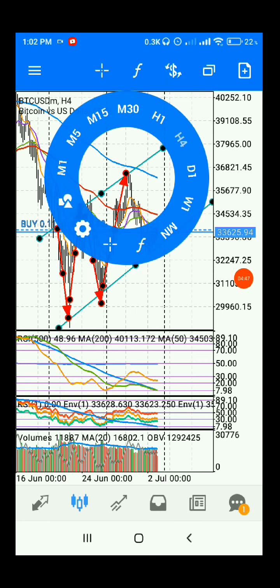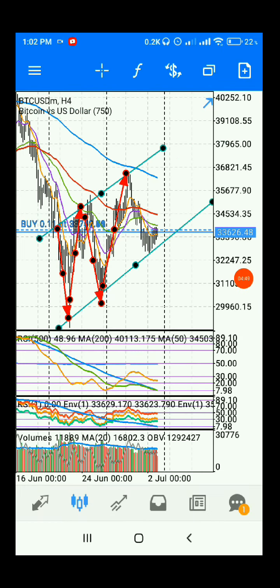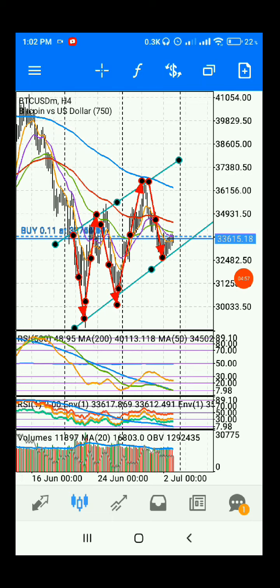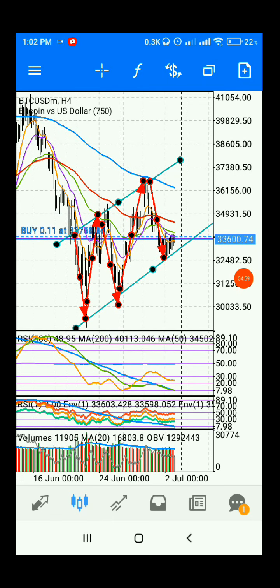As you can see, right at this moment I'm marking the zone where price has gone. So that's it, and finally I'm expecting price will go there.